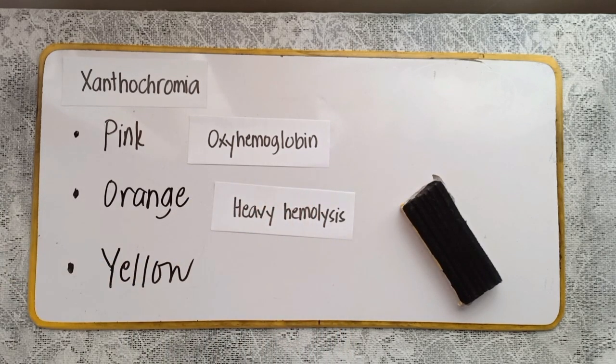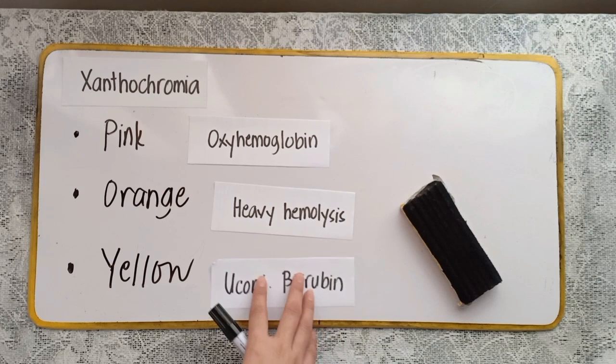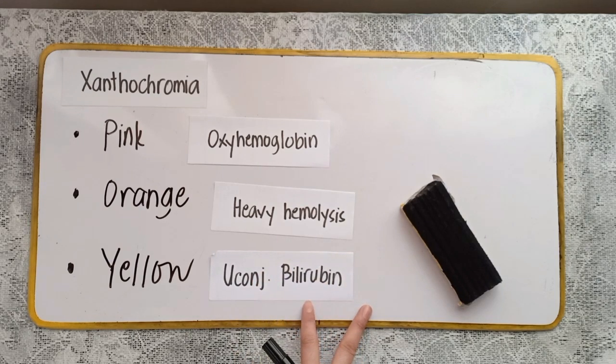And a yellow xanthochromic sample is due to conversion of oxyhemoglobin to unconjugated bilirubin.